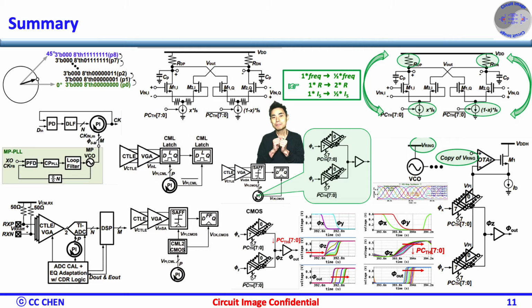The two most popular high linearity phase interpolators PI are the CMOS PI and the VMPI, since the SerDes must operate at a very wide range data rate from 1 gigabit per second to 224 gigabit per second. The linearity and power of either the CMOS or virtual PI must be scaled over frequency.